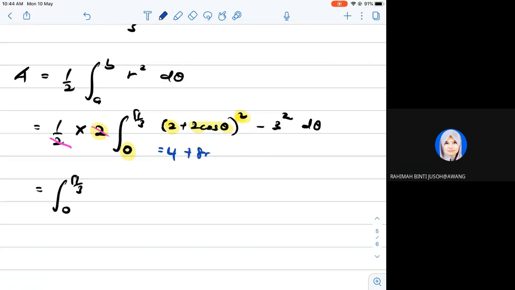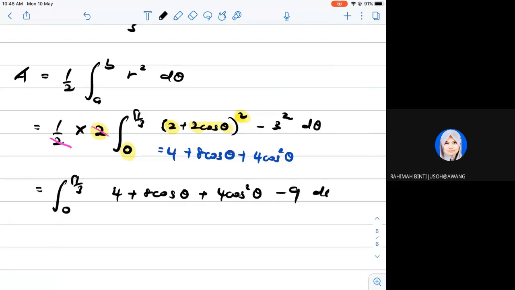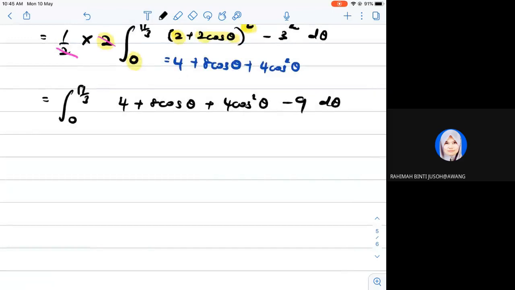So 8 cos theta. And then tambah 2 cos theta kuasa 2 kat belakang. So dia akan jadi tambah 2 kuasa 2, 4 cos squared theta lah. Tu cara expand dia. So we will have 4 plus 8 cos theta plus 4 cos squared theta minus 3 kuasa 2 tu yang kat belakang sekali tu minus 9 lah d theta.